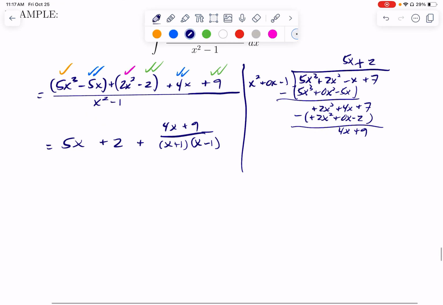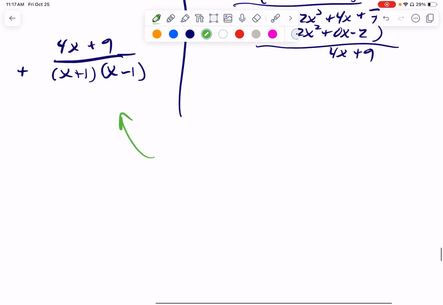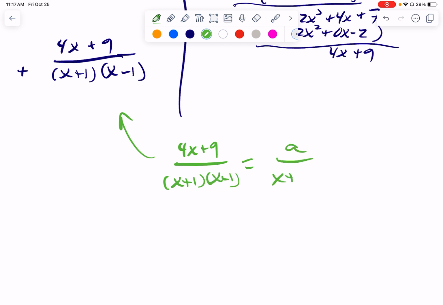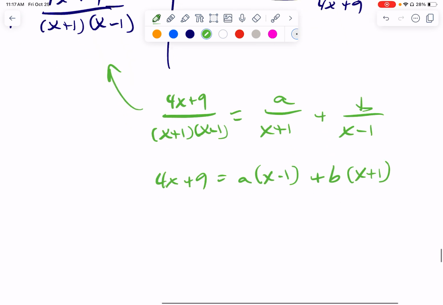All right, so now let's do our partial fraction decomposition. I'm going to assume that 4x plus 9 over this denominator is the same as a over x plus 1 plus b over x minus 1. Multiply by all those denominators, and I get 4x plus 9 equals a times x minus 1 plus b times x plus 1.